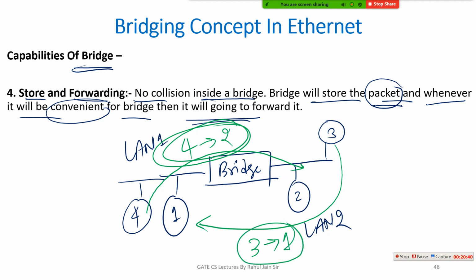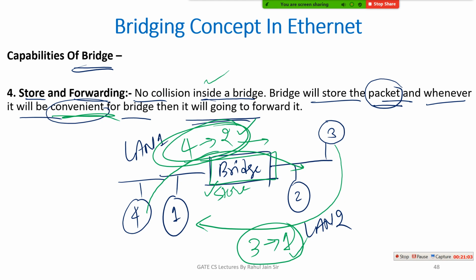So what happens? Inside the bridge no collision will occur. The bridge will store the packet, either from 4 to 2 or from 3 to 1. Whatever packet comes first will be forwarded, and whenever it is convenient for the bridge it will send the other packet next.